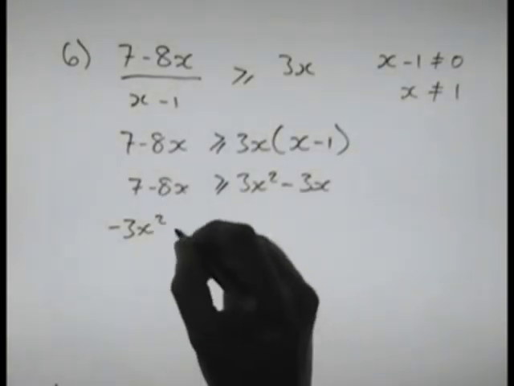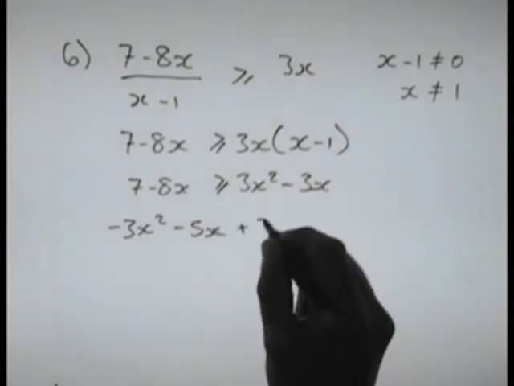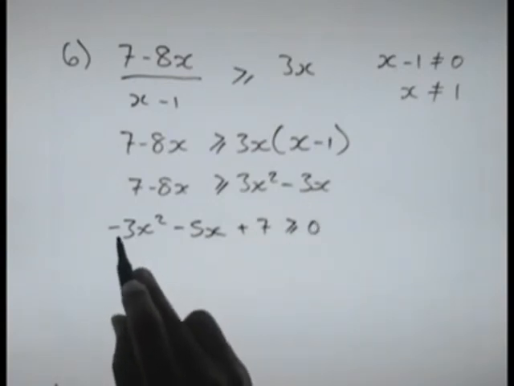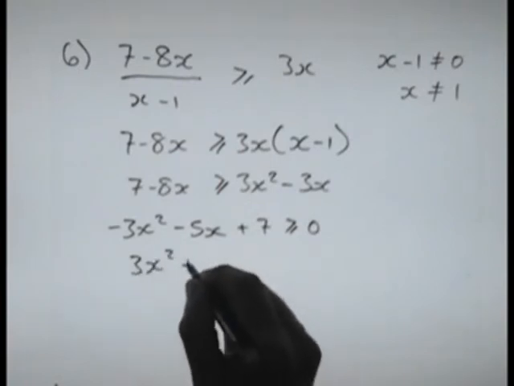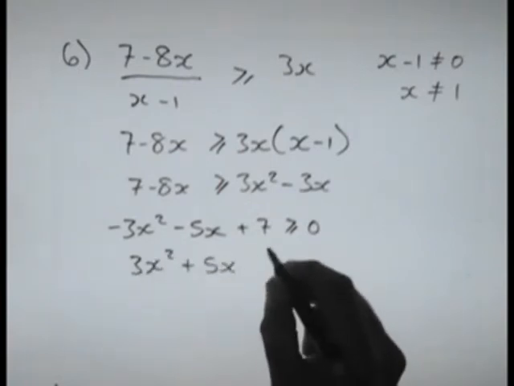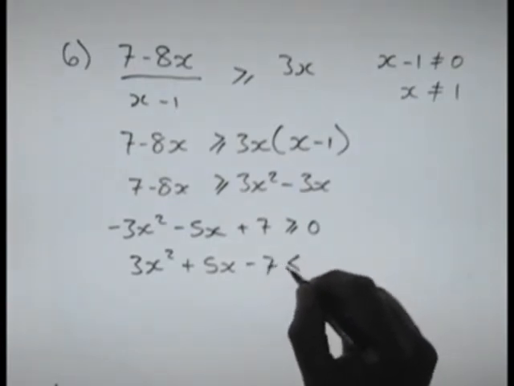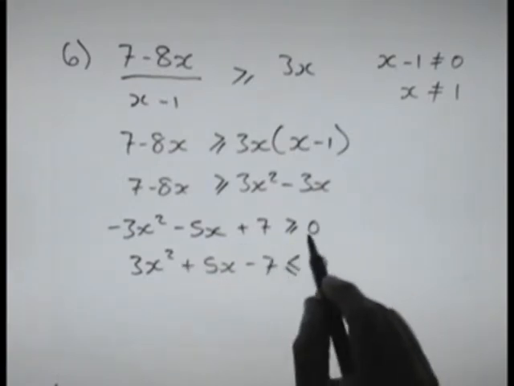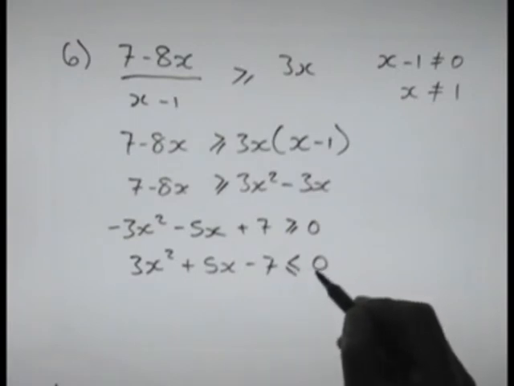Minus 8x plus 3x is minus 5x, plus 7, greater than or equal to 0. I don't like that negative, so divide through by a negative. That will give me 3x squared plus 5x minus 7 is less than or equal to 0. Remember, because we divided through by the negative, the direction of the sign changed.